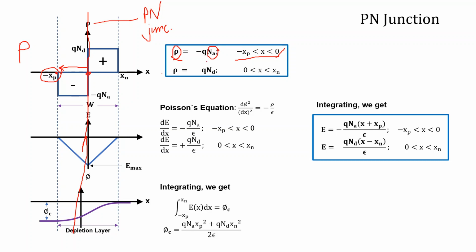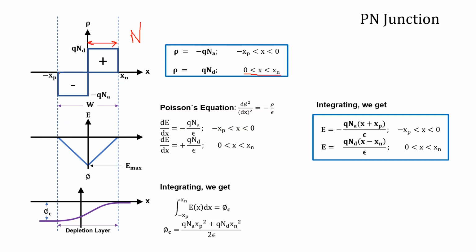Now if you want to find out the charge density, since each ionized atom has one unit of charge, the total charge density from minus xp to 0 is equal to minus q times Na. So I hope it is clear. Similarly, from 0 to xn, where xn is the width of the depletion region in the n-type material.